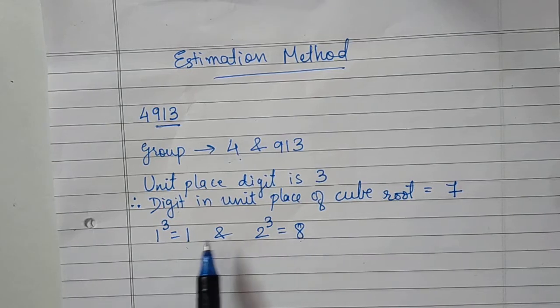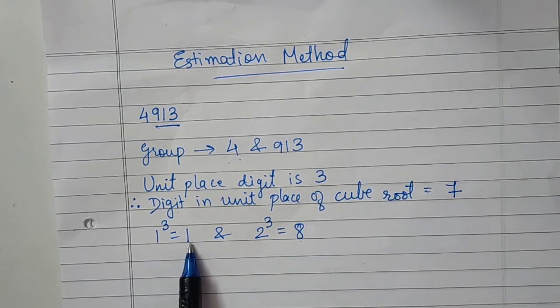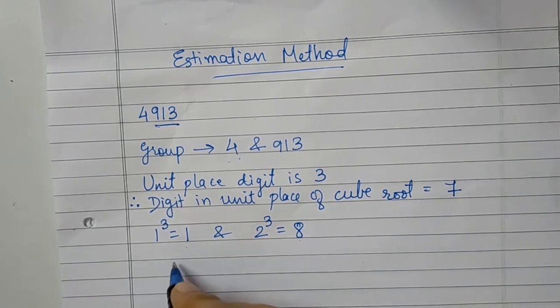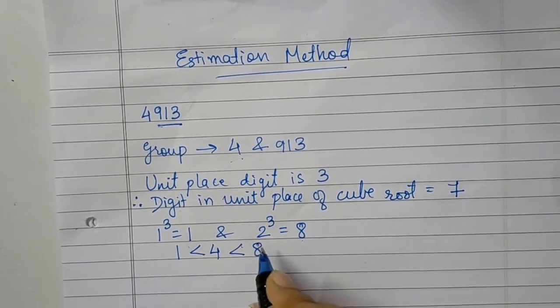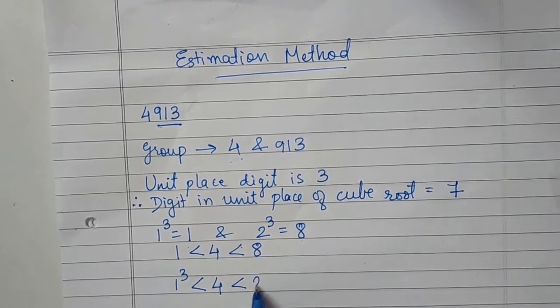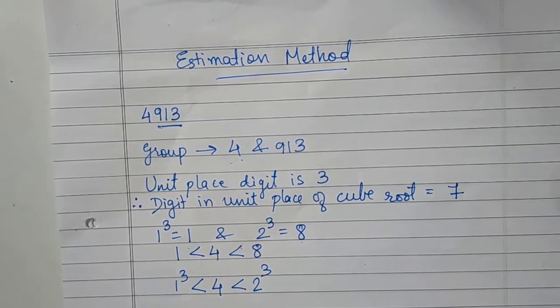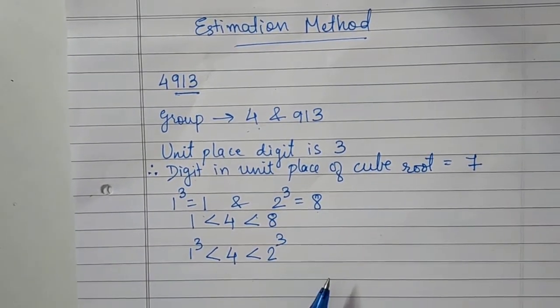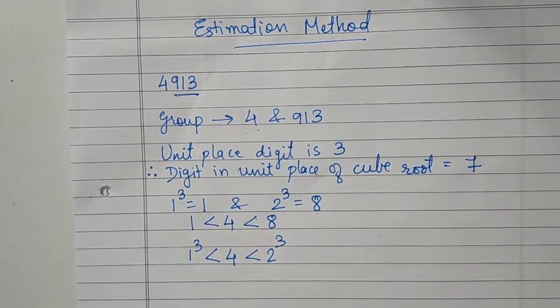So we have to take the smaller number, not the greater number. 8 is greater than 4, so what do we have to take? We have to take 1. 1 is less than 4 is less than 8. So 1 cube is less than 4 is less than 2 cube. So we will be taking this digit, not the greater one. We have to take the smaller digit.